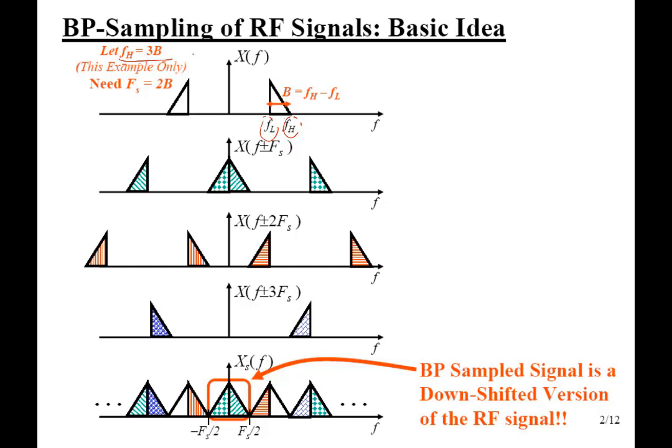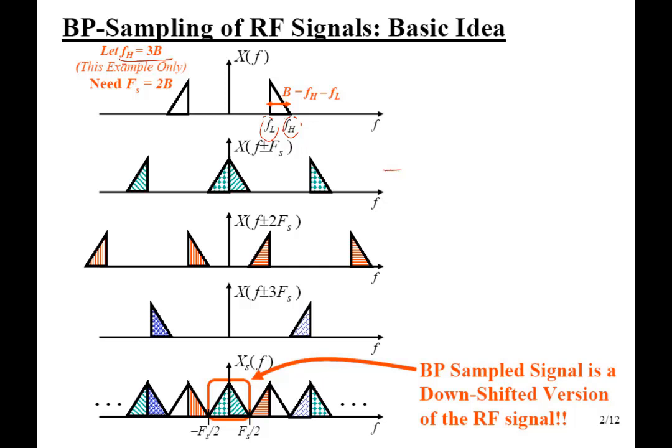Now, as per Nyquist criteria, we have to sample it at least greater than 6 times B. But here we are not following Nyquist criteria and we sample it at a sampling rate of 2 times B. So if we sample at 2 times B, we will definitely get multiple copies, because whenever you perform sampling, you will get multiple copies at integral multiples of the sampling frequency.